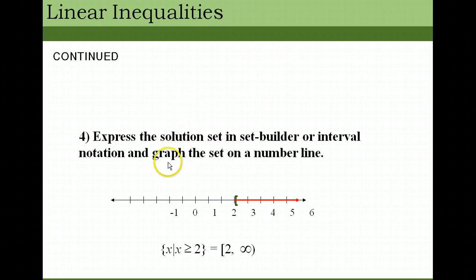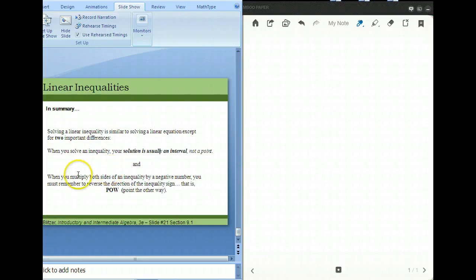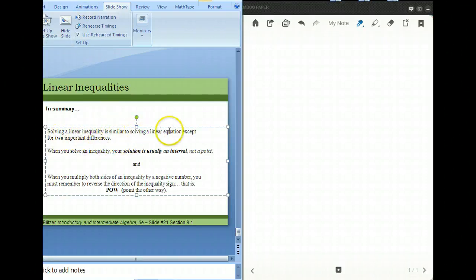One last thing to note is that we may want to recall a couple of important things about solving linear inequalities. Solving a linear inequality is similar to solving a linear equation, except for two important differences.